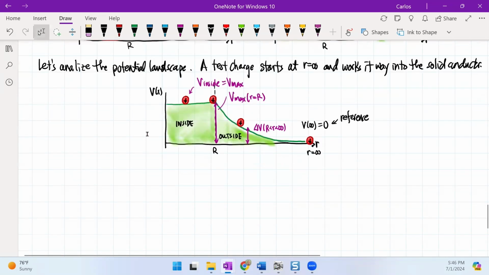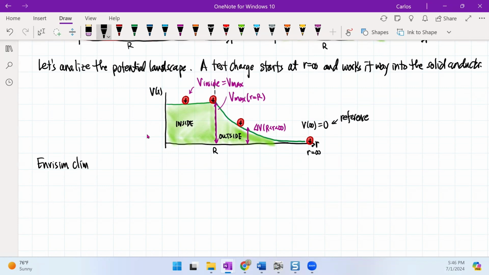So now that I have these, let's put into words what I'm seeing here. So let's envision climbing up this potential hill slash landscape.